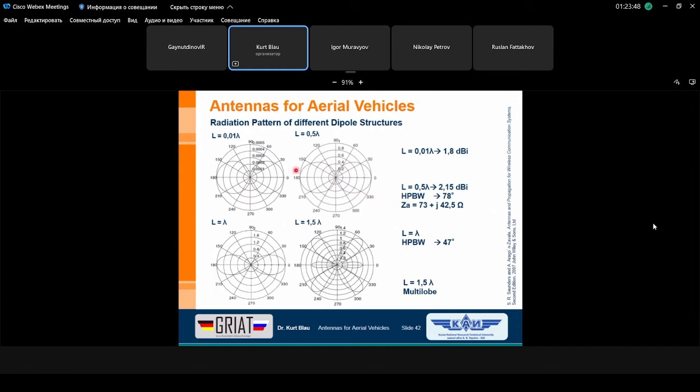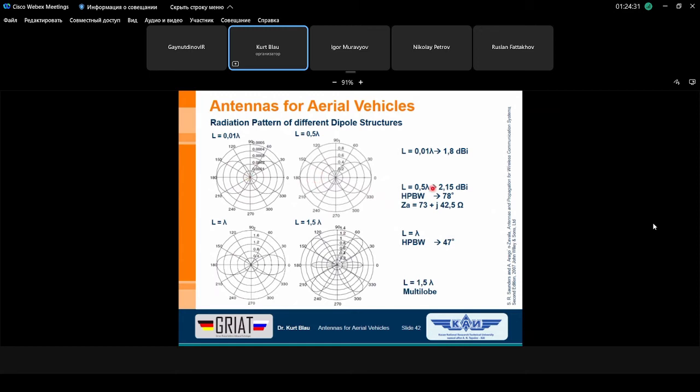Then we can say that the gain must come from certain effects and circumstances. If we make the same cut like here, the pattern is a little bit more flat, and if this figure is smaller, it means the power is more concentrated in these two directions, so the gain must be a little bit higher than in this case.